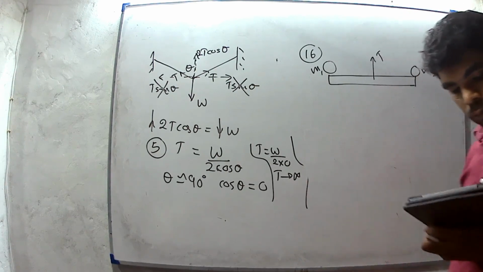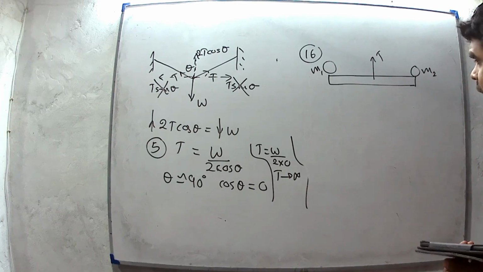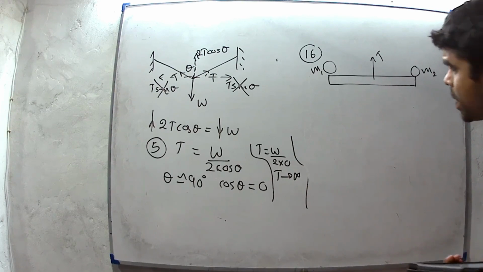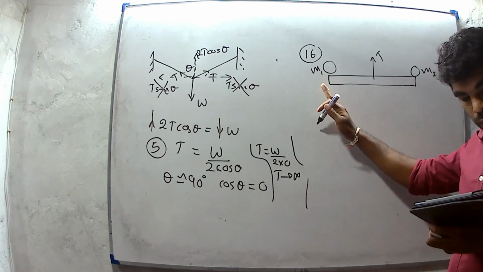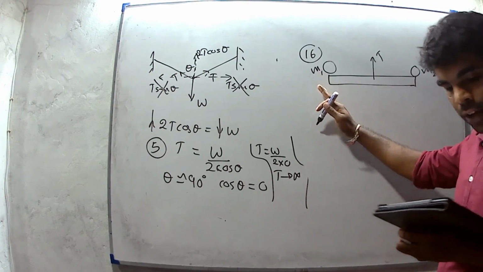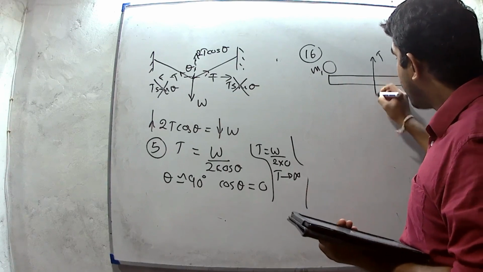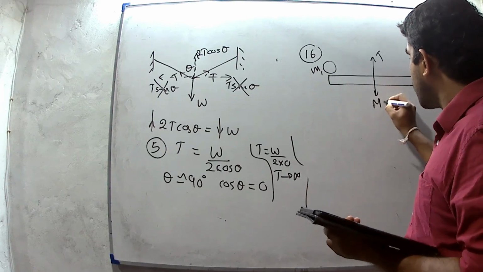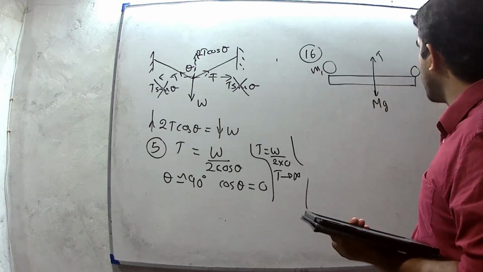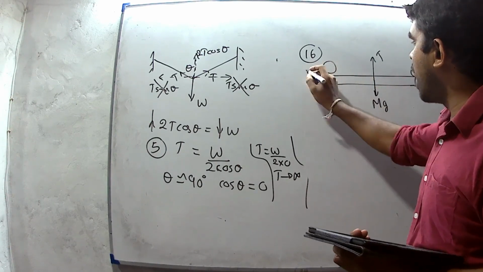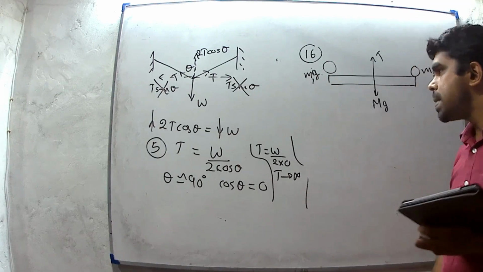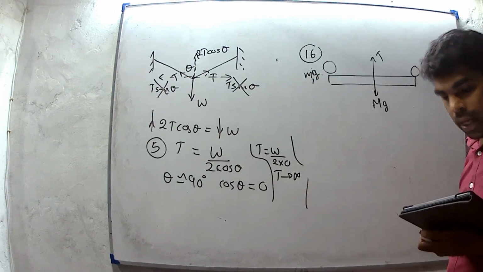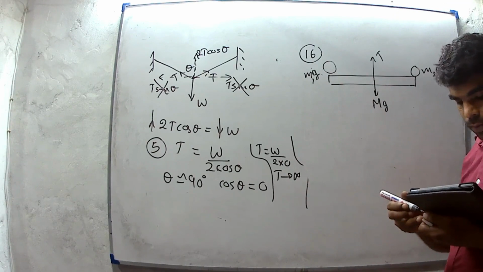Then M1 is greater than M2. It means if there are forces, they have given that the mass of the bar is capital M. Capital Mg, M2g, M1g. I will mark the forces. M1g. Then M1 is the greater value.